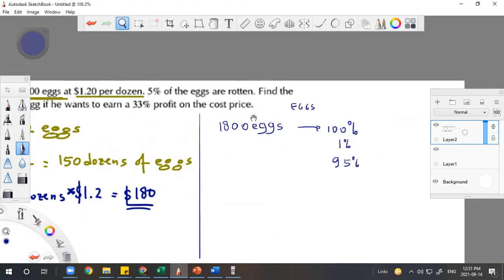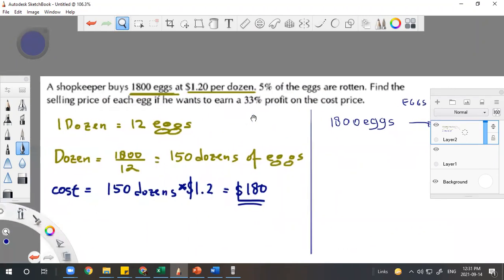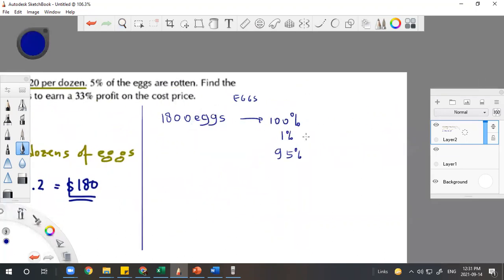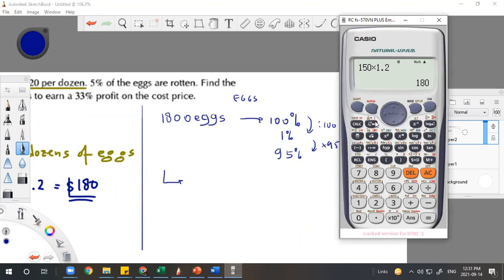You have to separate between x and money. x is not dollar, dollar is not x. Divide by 100, multiply by 95. So the x that can be sold is only, okay, calculate: 1,800 divided by 100 times 95.